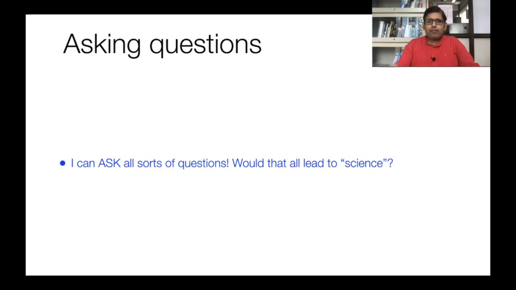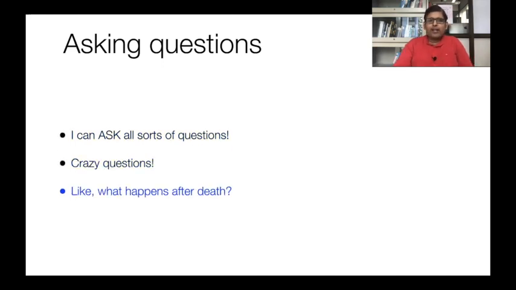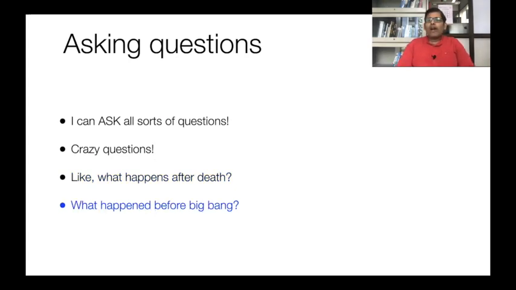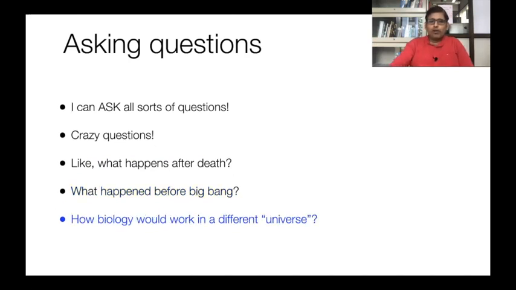So let us take some crazy questions. Let's say we want to know what happens after death. Or I want to know what happened before the Big Bang. Or let us say I want to know how biology would work in a different universe if there was one, right?